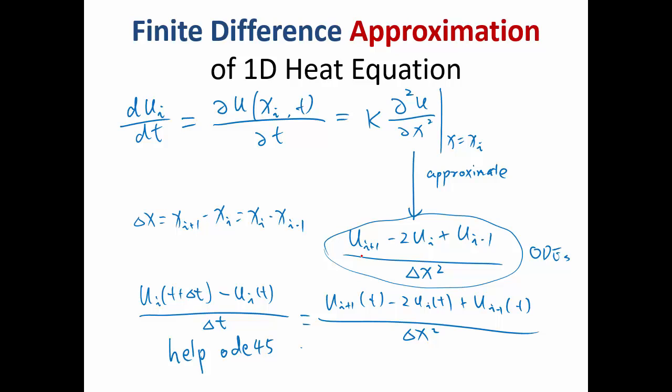And the justification of such approximations is through Taylor series. I see people nodding their heads. That's good. So a Taylor series basically represents the solution at a neighboring grid point as the solution at the current point plus some derivative terms.